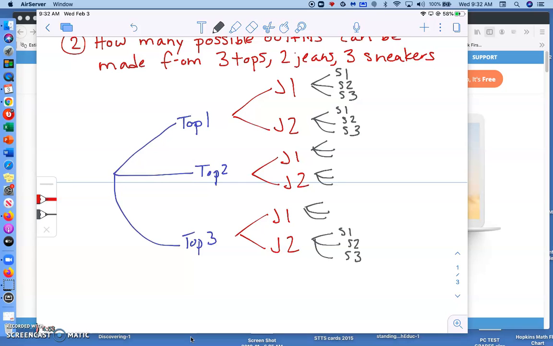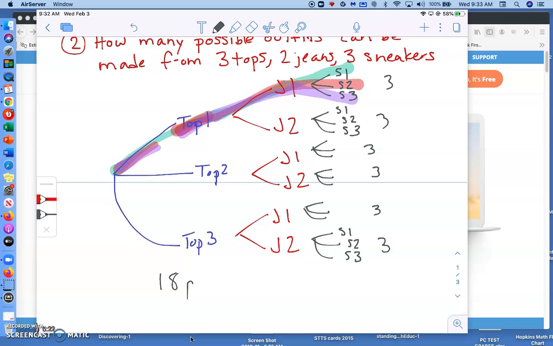So if we were to count the total possible here, we have 3 here, 3, 3, 3, 3, 3. So 3, 6, 9, 12, 15, 18 possibilities. Or 18 possible outcomes.